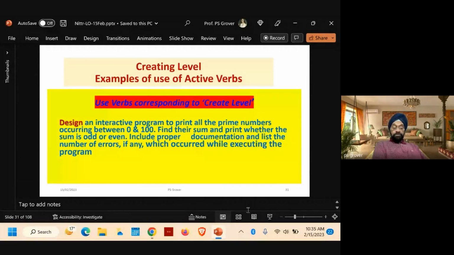That means now you are challenging the brain of the student to think beyond what he has been used to. He has to prepare documentation, he has to list the number of errors, the reasons why errors occurred while executing the program. So here is an example where we are asking the student to write a program, but also start challenging his brain so that he learns more and more and does newer things.